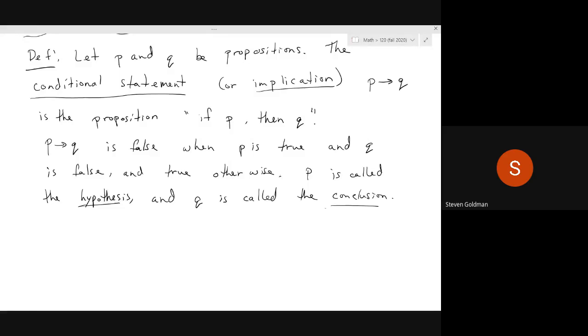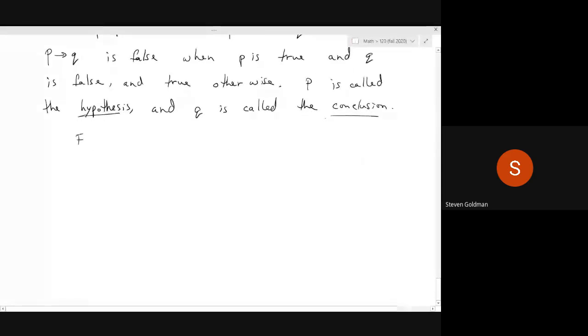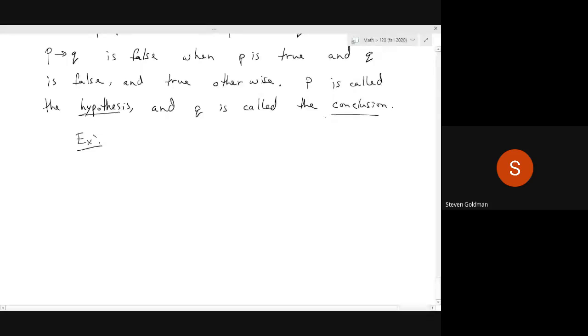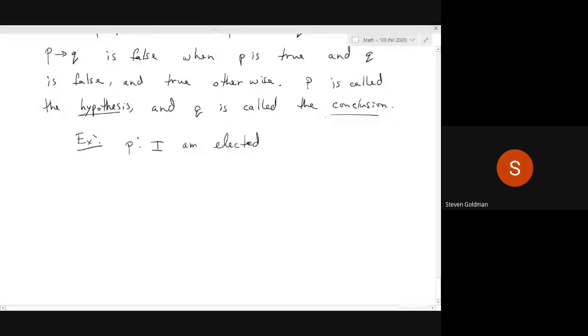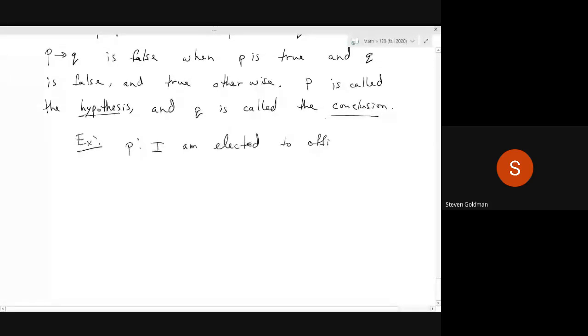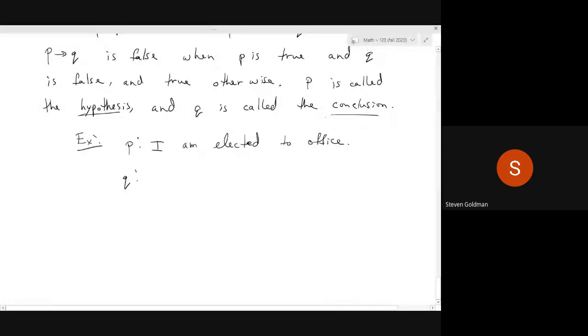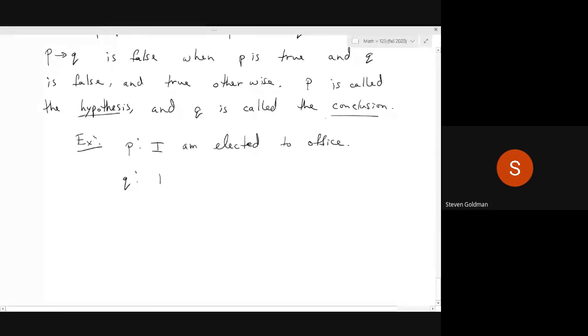All right. So let's look at an example here. Okay, let's say I have a proposition P. Let's say P is the statement, I am elected to office. Q is the statement, I will lower taxes.